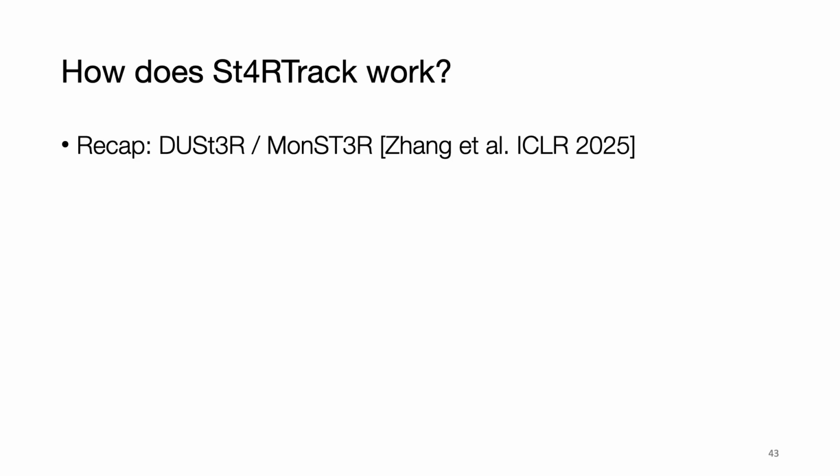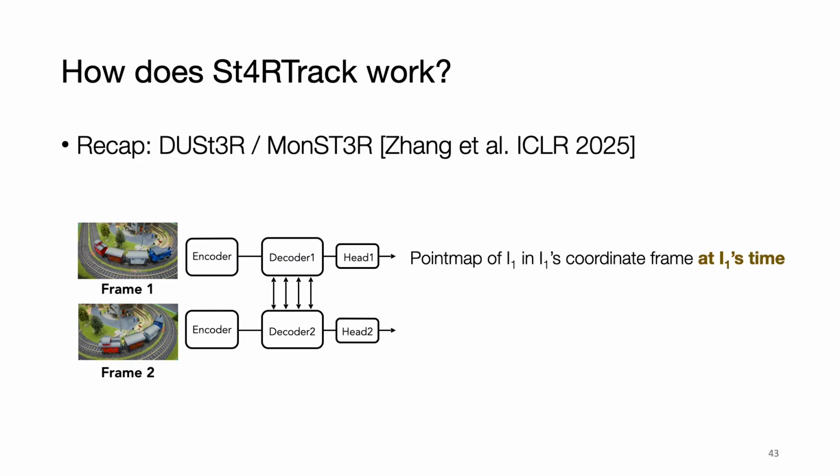Let's first recap what Duster and Monster are doing. Duster is primarily trained on static scenes, but Monster shows that as long as you fine-tune it on dynamic scenes, the same architecture also works for dynamic scenes. Specifically, for the first branch, you're predicting the point map of the first view's content in the first view's coordinate frame, and also at the first view's time step.